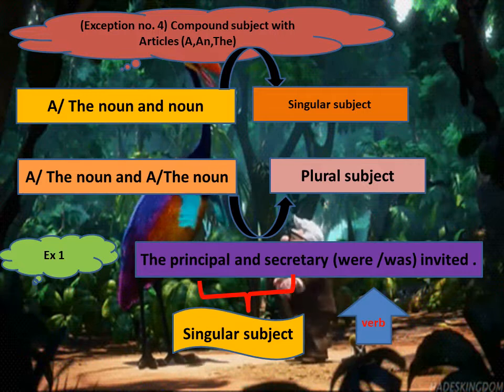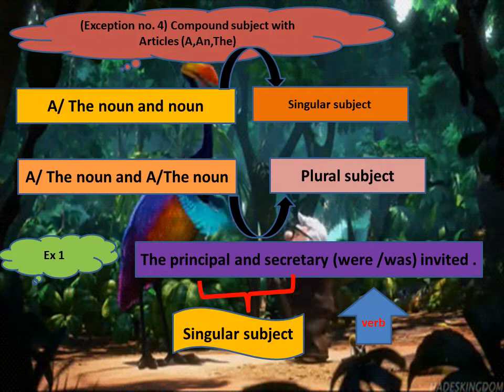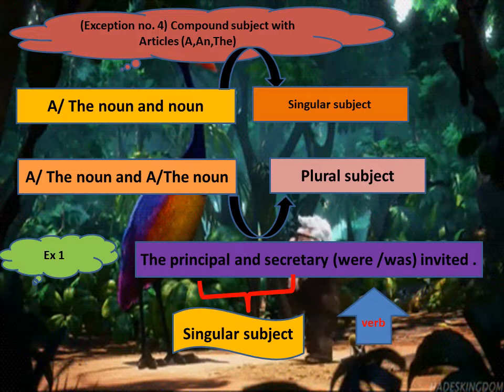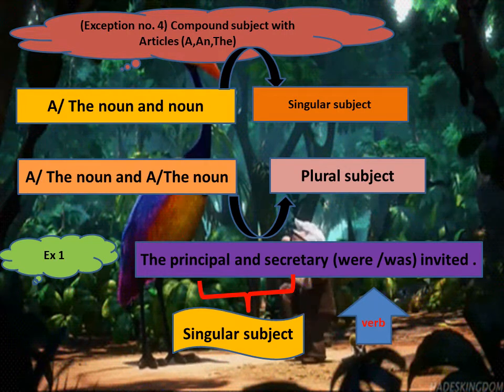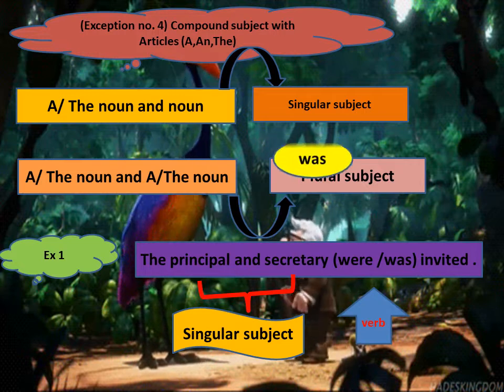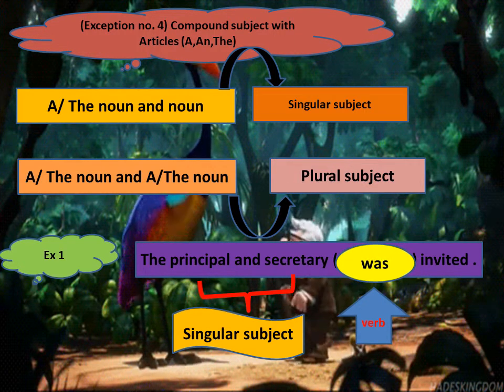The exception said that if the article is only present before the first noun or the first subject, the whole subject will act as a singular subject. So here what should be the verb? The verb should be a singular verb. The principal and secretary was invited. Correct?